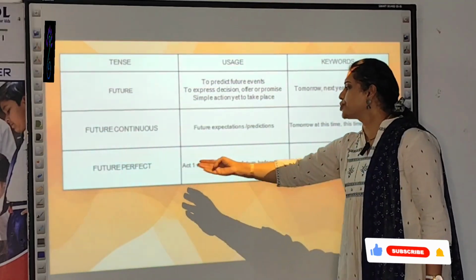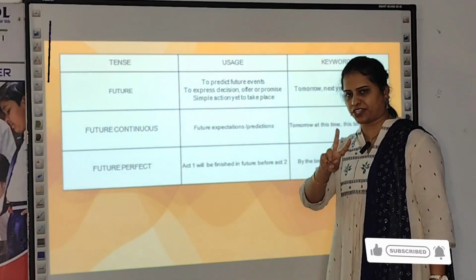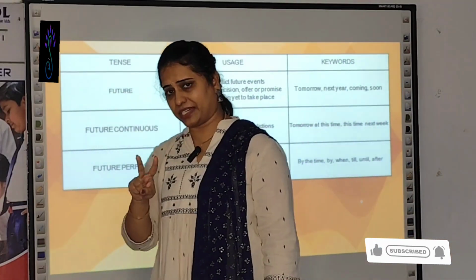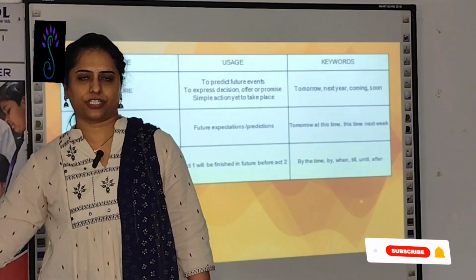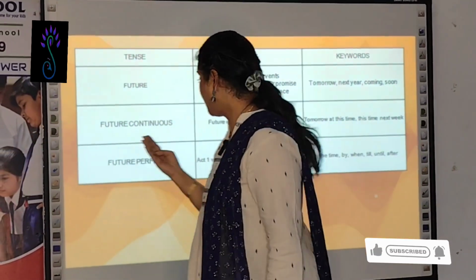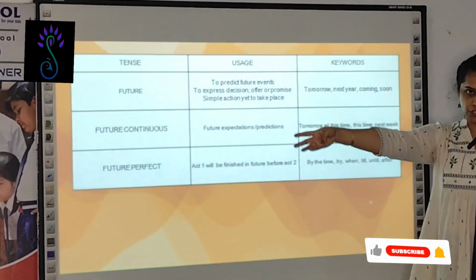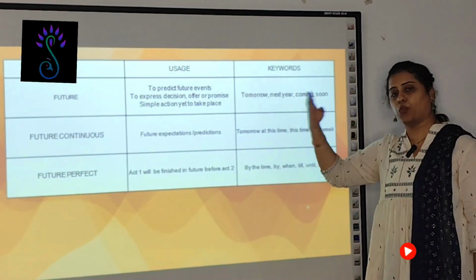Okay, future perfect. Act 1 will be finished in future before two actions. Similarly, like what you have seen in past perfect, it is like that. One act might have been finished and next action is done. That is future perfect. So that by the time you reach there, I will have done that work.